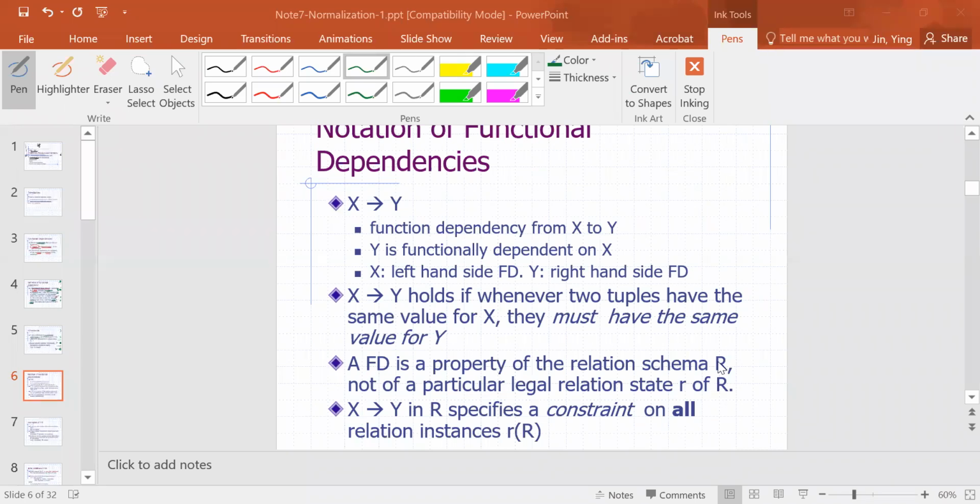It's not sufficient that today at 6 o'clock this is true. Every single state needs to be true. So that's actually a property belonging to the schema. It's a constraint on all the relation instances at any state.